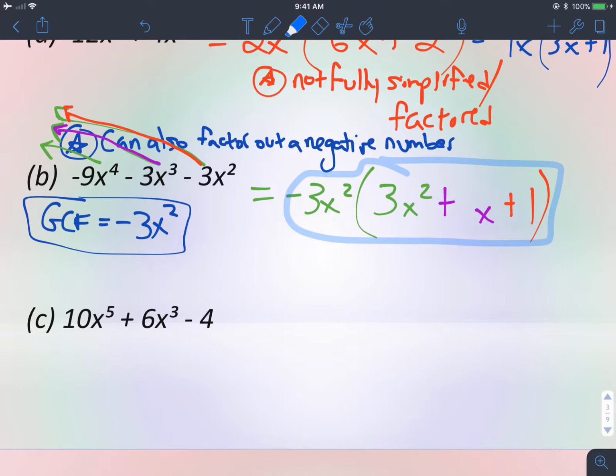Oh, did I do it right? Let's see. I think I did. What's the greatest common factor in part C? Think about it for like maybe 30 seconds.